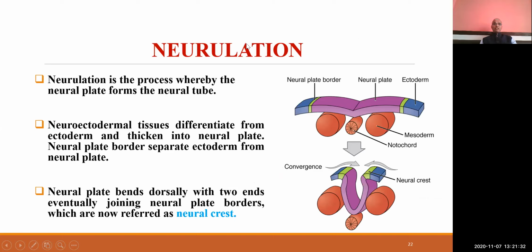Then neurulation. Neurulation is a process whereby the neural plates form the neural tube. These plates become a tube-like structure. Here the neuroectodermal tissue differentiates from the ectoderm and thickens into the neural plate. This is the neural plate.